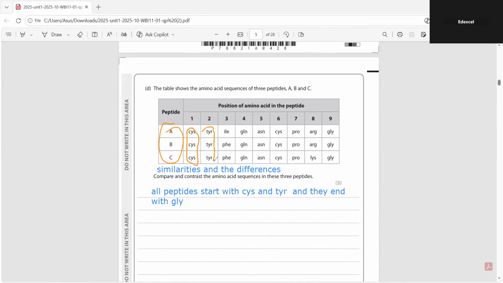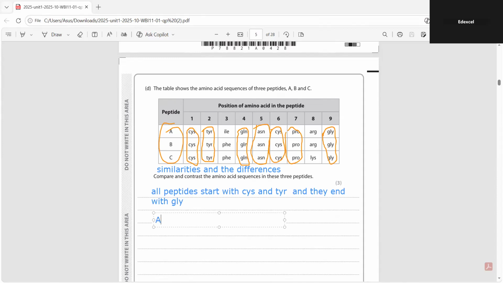Then TYR is also similar, but ILE in the third is not similar. You can even write that the fourth one is also similar, fifth, sixth, and seventh are also similar. Then let's skip the eighth one, and the ninth one is similar. So all peptides start with CYS and end with GLY. That's the first part you can write for the similarities.